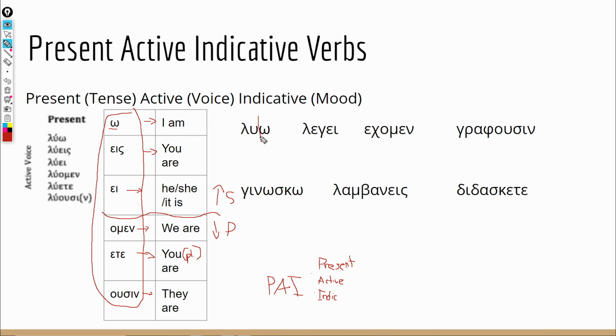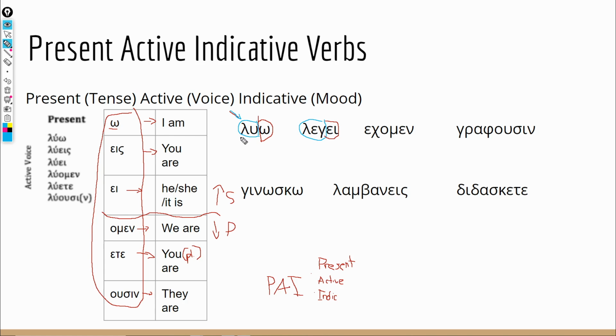Remember, easiest way when you're first learning, cut off the stem like this. Okay, cut off the stem from the ending. So I'll just do that. Cut off the stem from the ending. And all we have to do is know how to translate the stem. So lu, if you remember, means to loose, right?